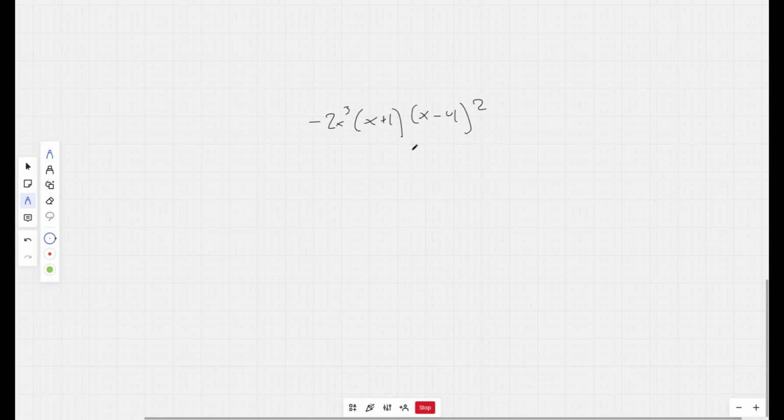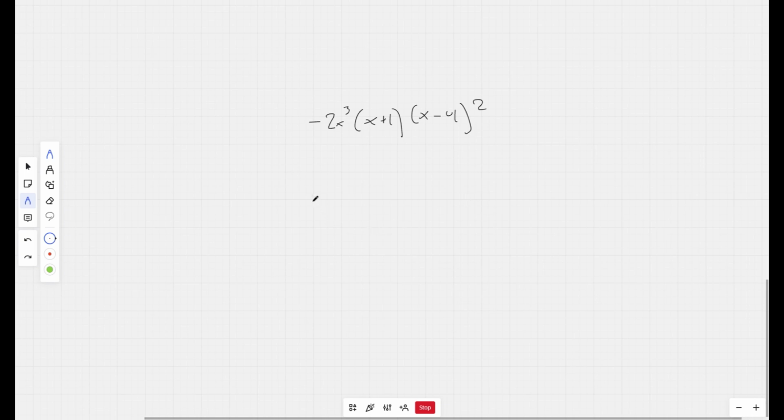And one extremely important thing to remember is that if there is an x just on its own, just chilling, that is a 0. Because if you think about it, we're trying to find instances where y equals 0.